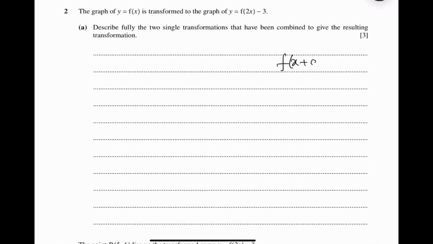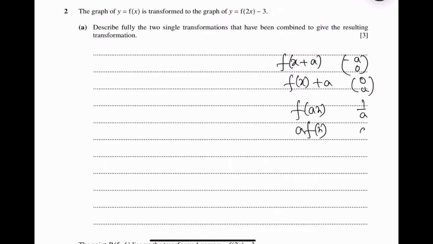f(x plus a) means horizontal translation by minus a, 0. f(x) plus a is vertical translation 0, a. f(ax) is horizontal stretch factor 1 by a. a f(x) is vertical stretch factor a.